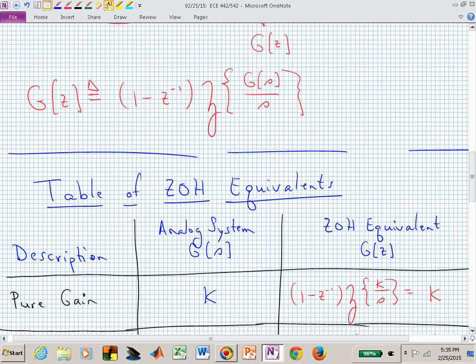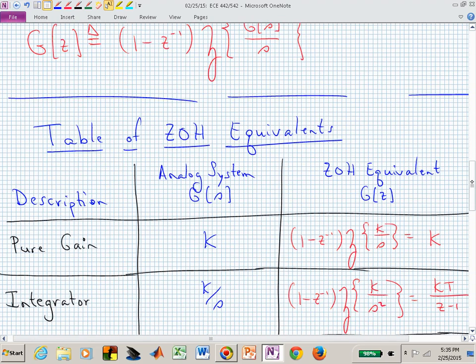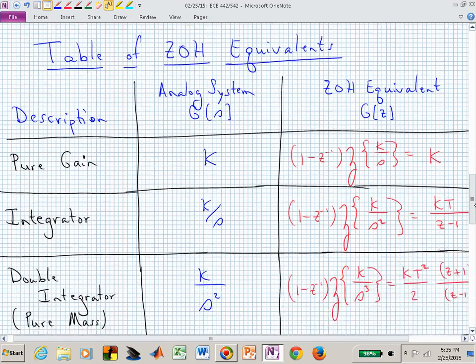We derived that relationship for a pure gain. We used the table to find what it would be like for a pure integrator, and there we had consistency. We had a pole at z equal 1, when in the S domain we have that pole at the origin.